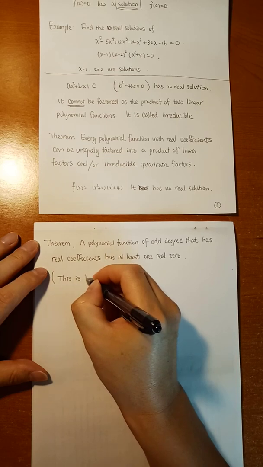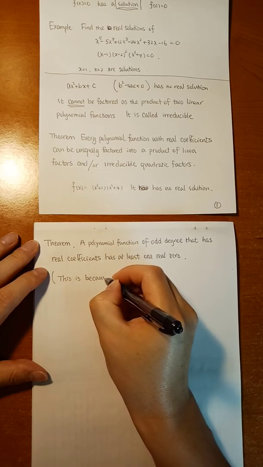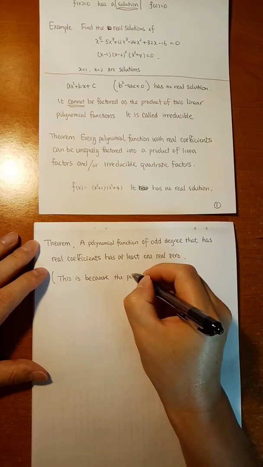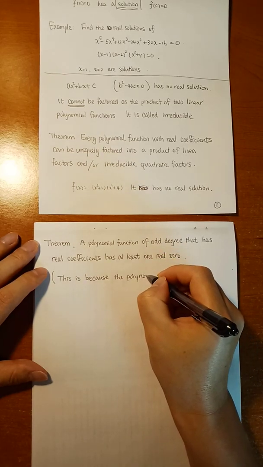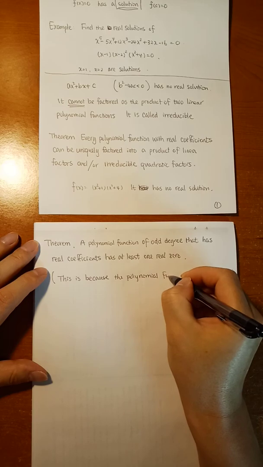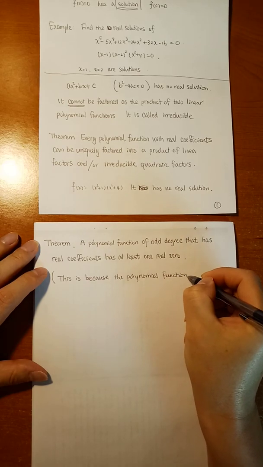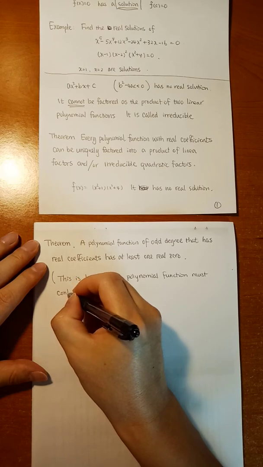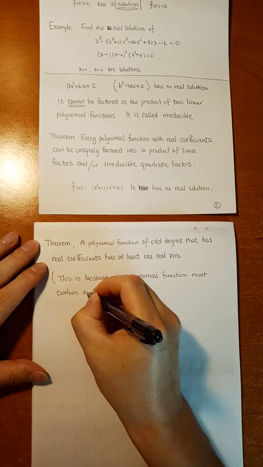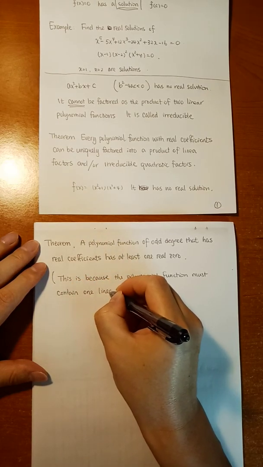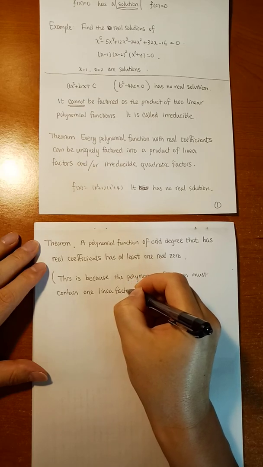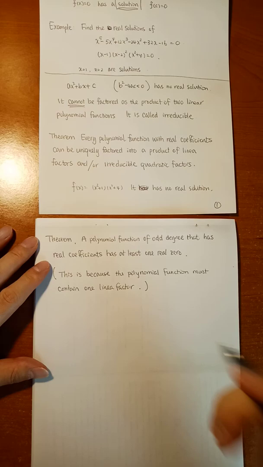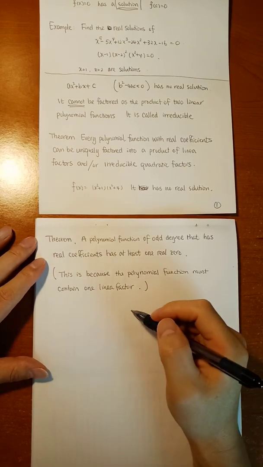This is because the polynomial function must contain one linear factor. A linear factor will give you a zero.